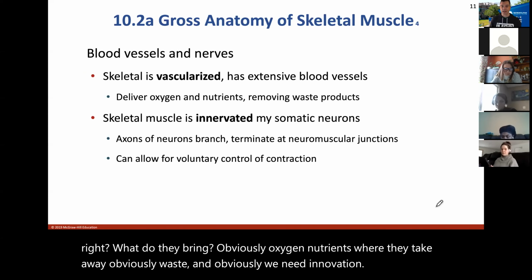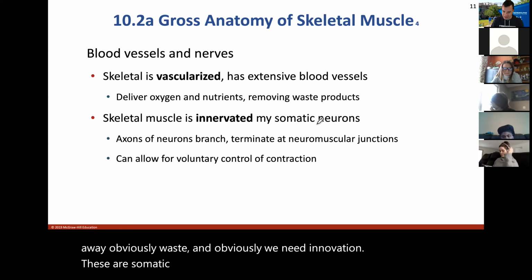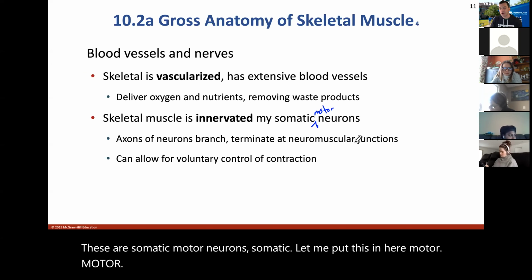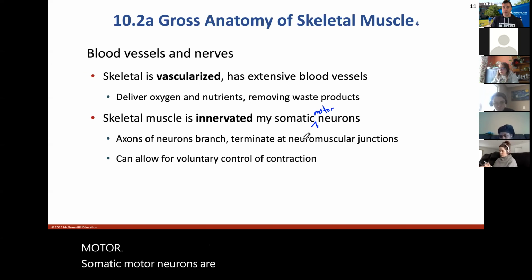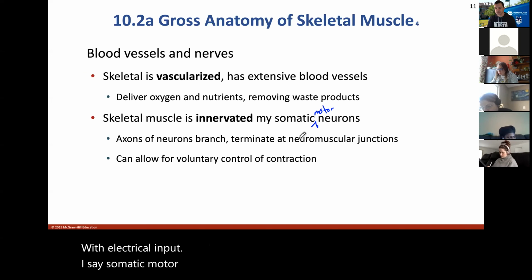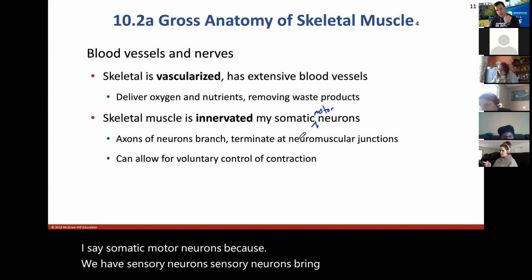These are somatic motor neurons. Somatic, let me put this in here, motor, M-O-T-O-R. Somatic motor neurons are what innervate. Innervate means supply with electrical input. I say somatic motor neurons because we also have sensory neurons. Sensory neurons bring information into the central nervous system.